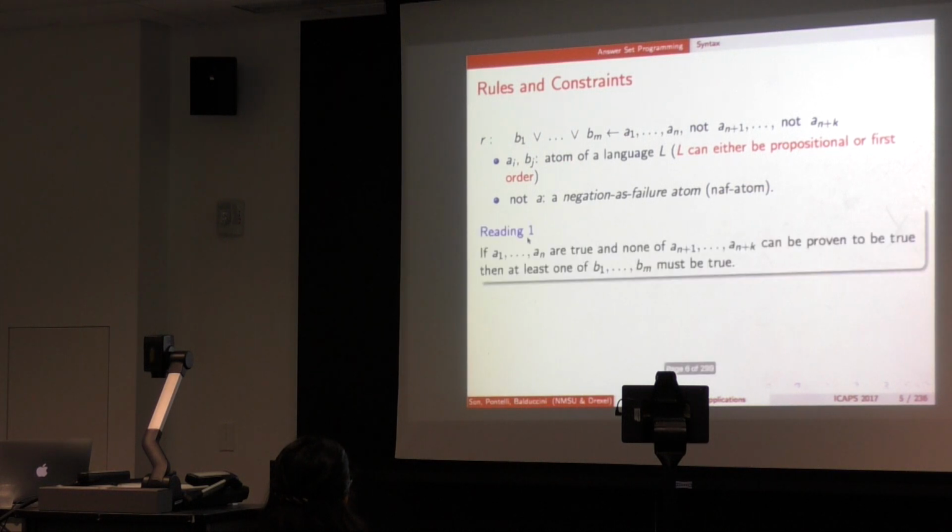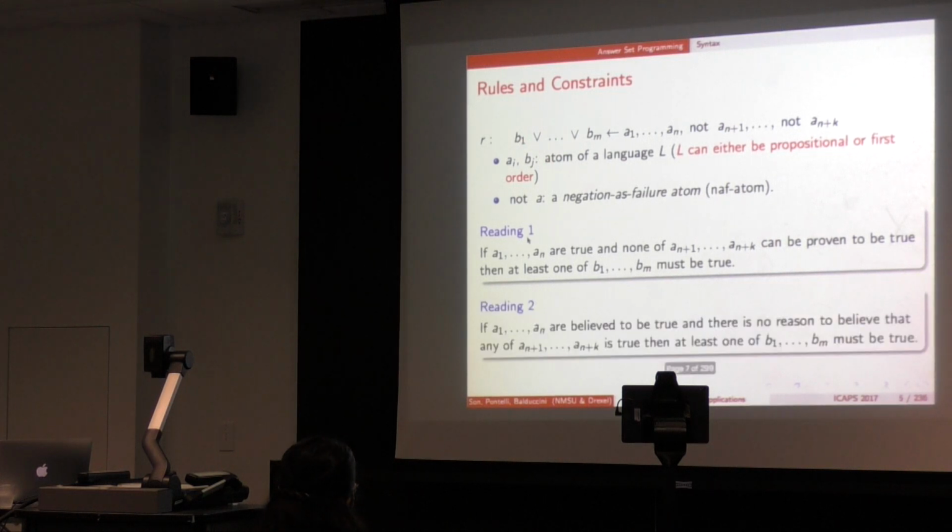But there are at least two different ways of looking at a rule like this. The first says that if A1 to AN are true and none of the negated atoms can be proven to be true, then at least one of the head atoms must be true. But there's also another reading that is very similar, but leads to a different kind of thinking.